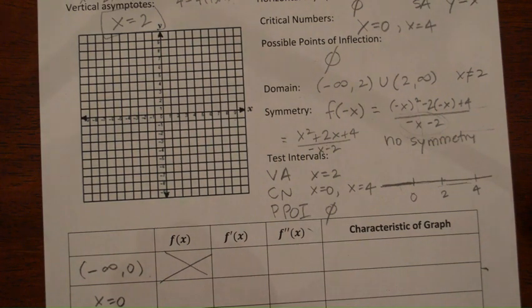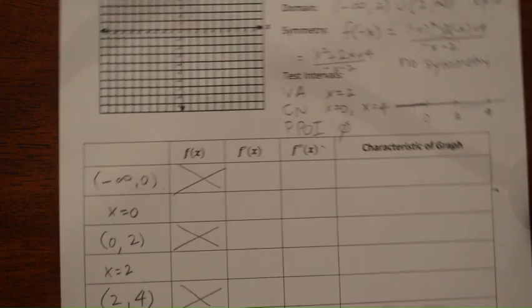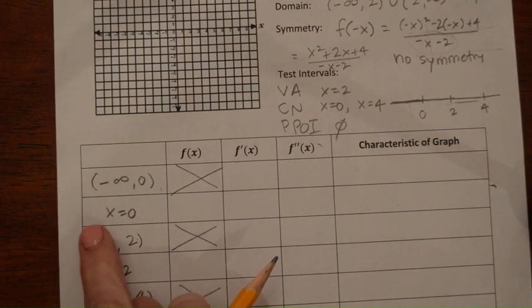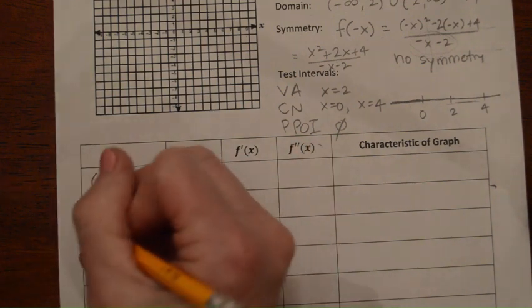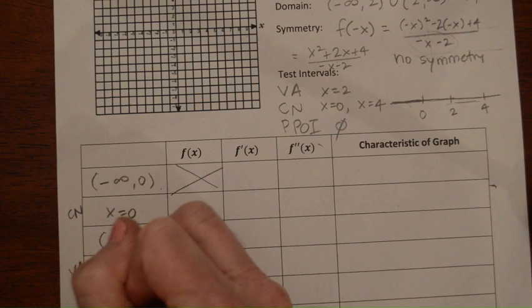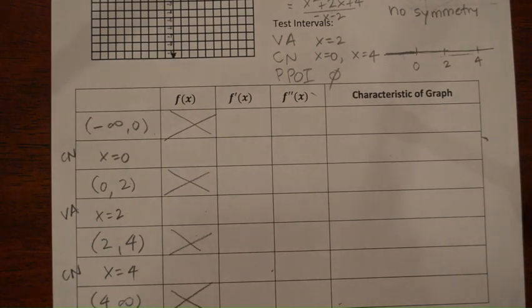We can only find it at individual points. So let's cross out all these intervals. And then let's go through and say how these points ended up on our table. x equals 0, this is a critical number. x equals 2, this was a vertical asymptote. And x equals 4, critical number. Okay, so then let's just go through and fill out our table.